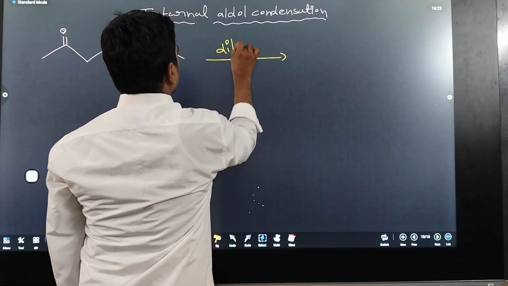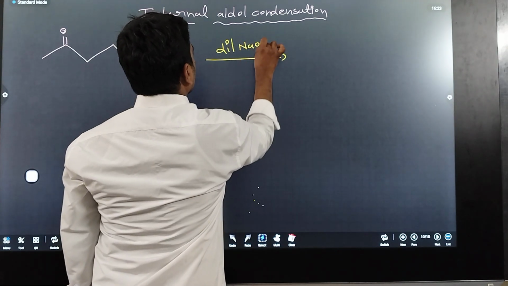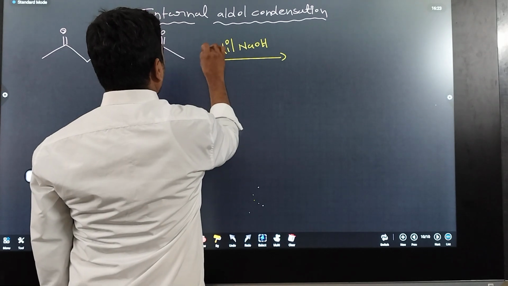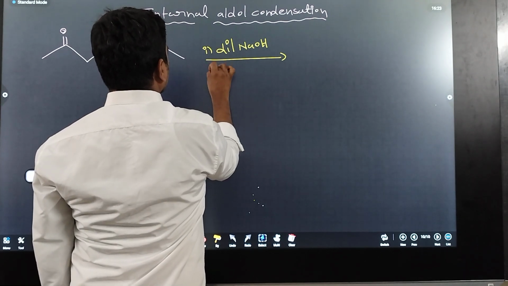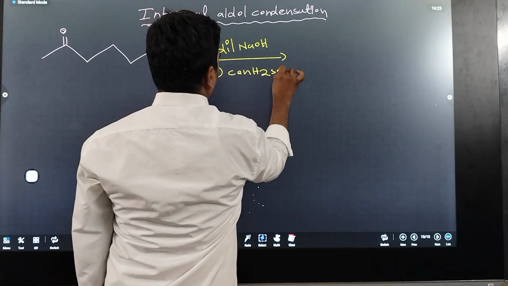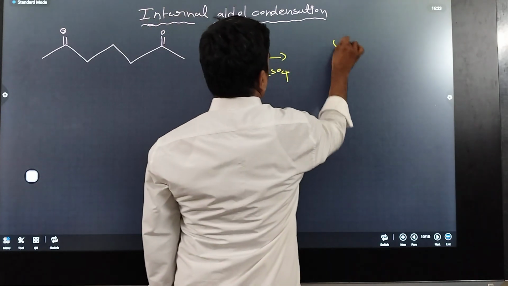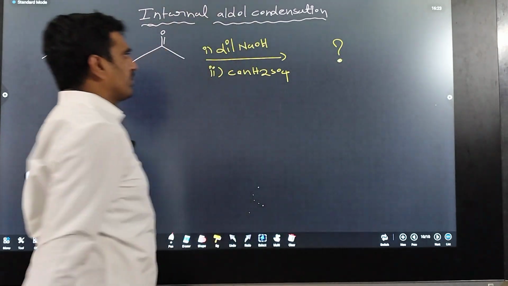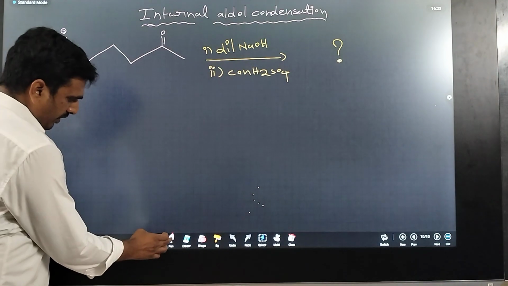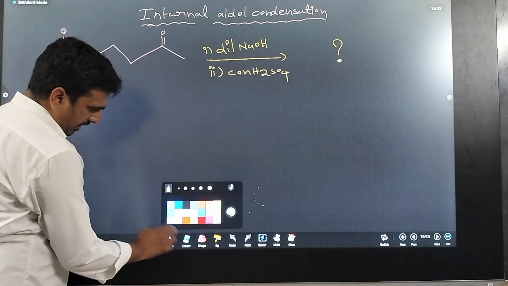Dilute NaOH, and concentrated H2SO4. So which product is obtained? Here, base. Does this participate in Aldol condensation or not?